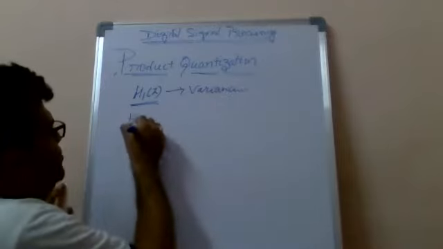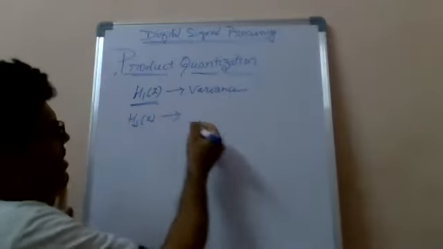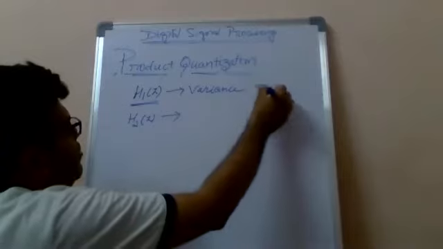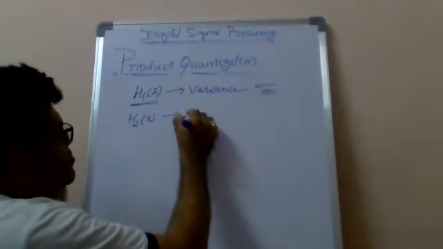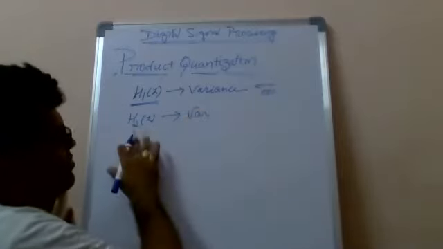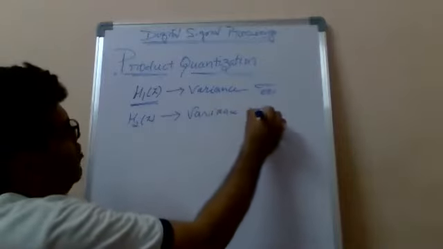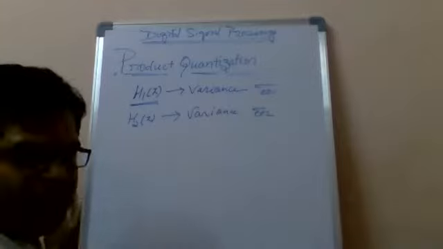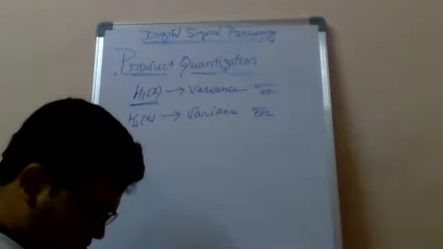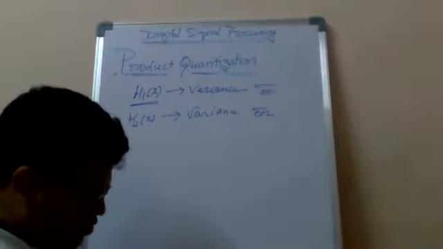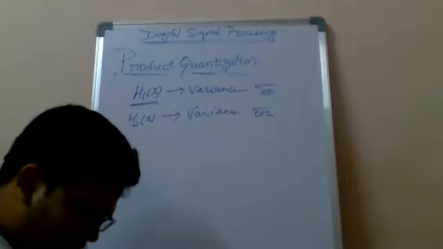The second transfer function is h2 of z, and the corresponding variance is sigma eo2, right? Then your total variance will be the sum of these two individual variances.